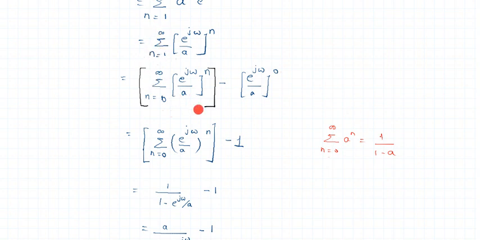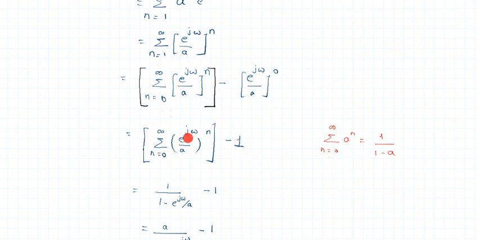So the meaning of this adjustment to the summation limit is similar to the summation going from 1 to infinity. And we know that a power of 0 is nothing but 1. So this term turns out to be 1.